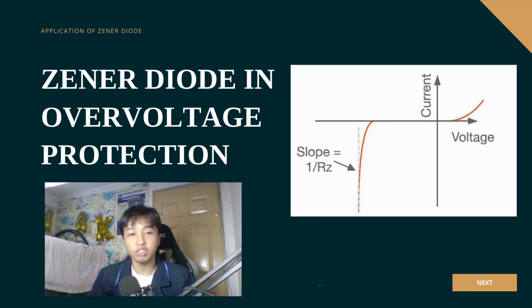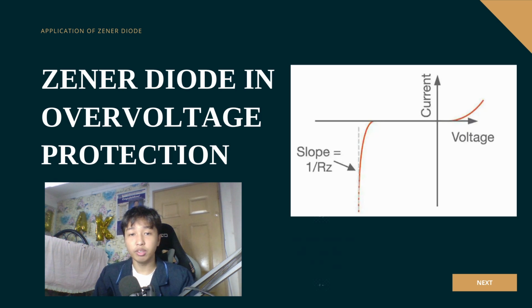Zener diodes are frequently used as the initial line of defense against overvoltage circumstances. A Zener diode works on the same principle as a diode, blocking current flow in the opposite direction. However, the Zener diode has the disadvantage of blocking current flow in the reverse direction only over a limited voltage range indicated by the Zener diode's voltage rating.